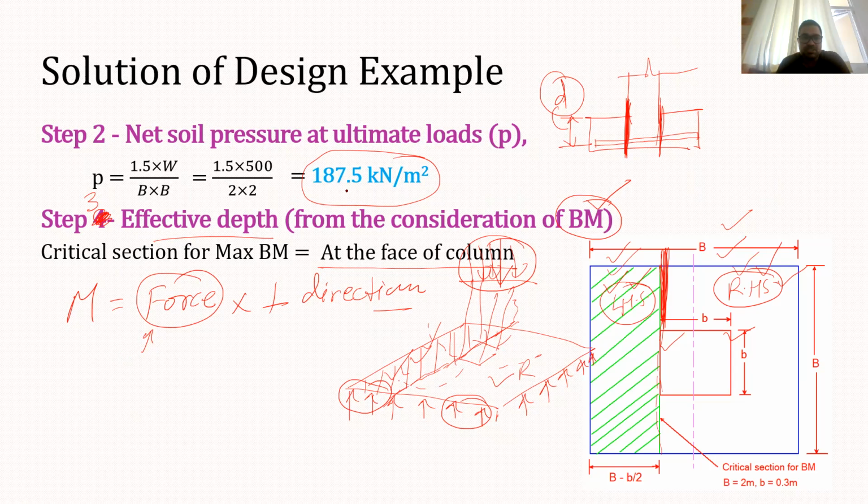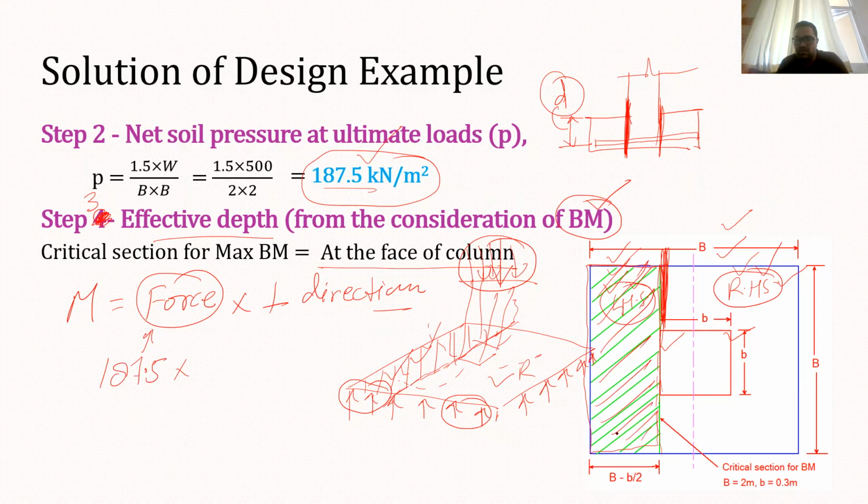Here the pressure is already given. The soil pressure we have just calculated is 187.5. So it will be 187.5 multiplied by the area. Now, area of what? Here the area will be the left hand side part, because we have considered this part only. So this will be the area under consideration in LHS.